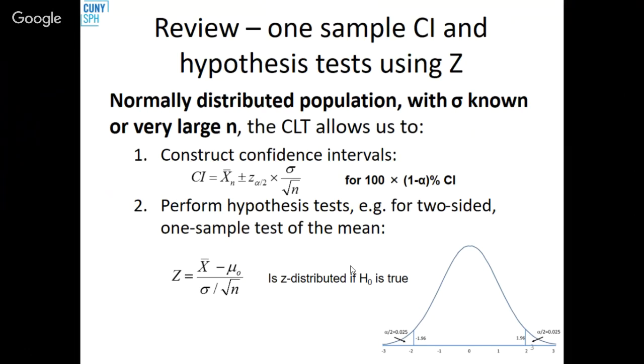So just as a quick review from the last class, I introduced hypothesis testing, first using the z distribution, and we use this when the standard deviation is known. It's not estimated from the sample, or where the sample size is so large, like greater than 500, that it makes very little difference.